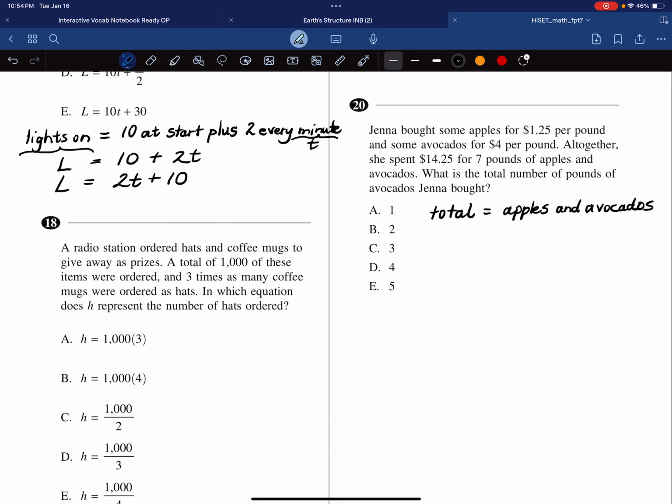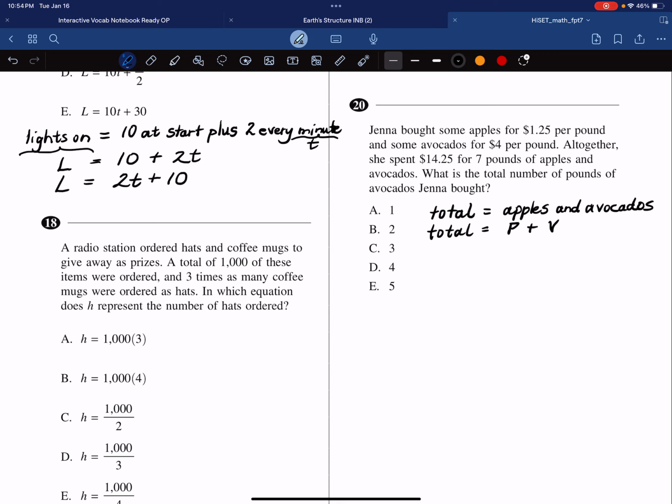Now, since these both start with the letter A, I'm going to use different letters to represent them. I'm going to use P for apple and V for avocado, just to help me distinguish because they're both A words.